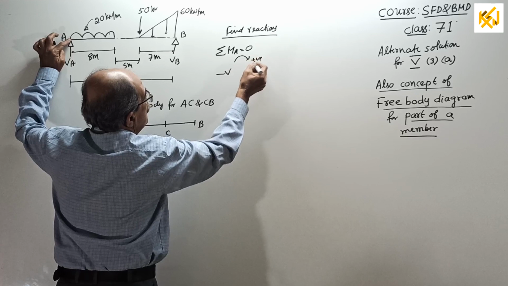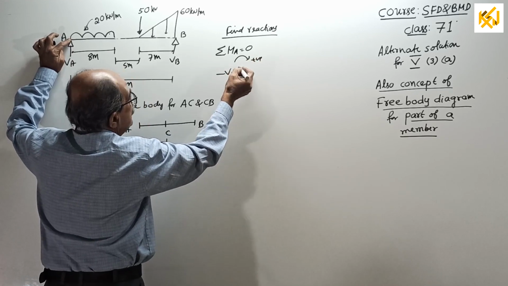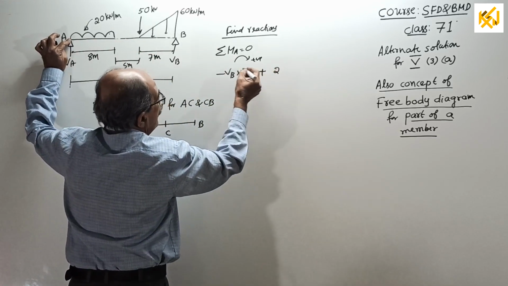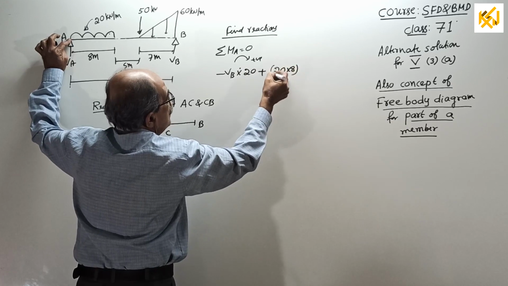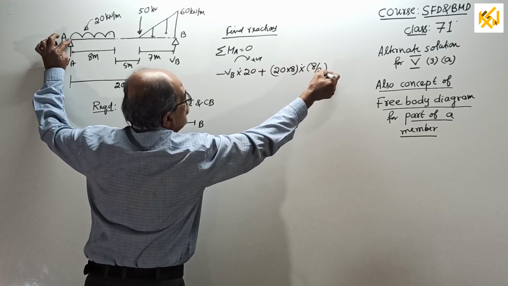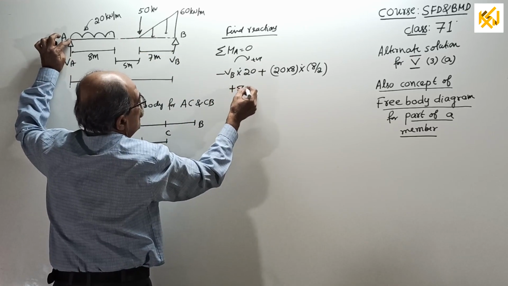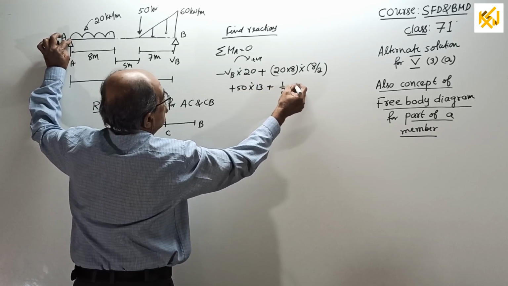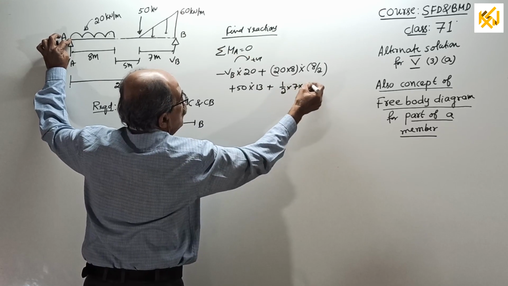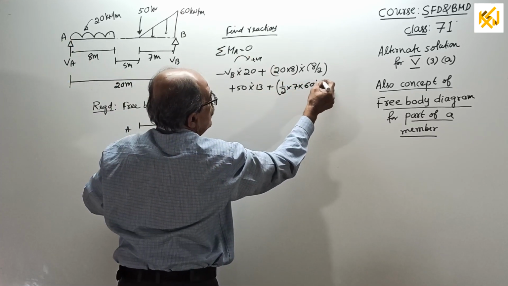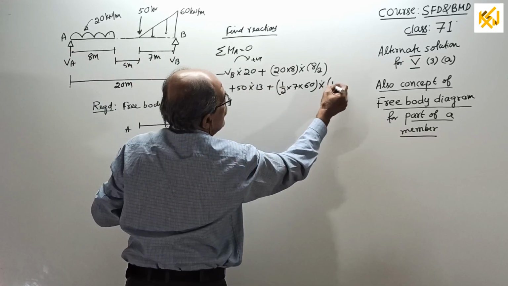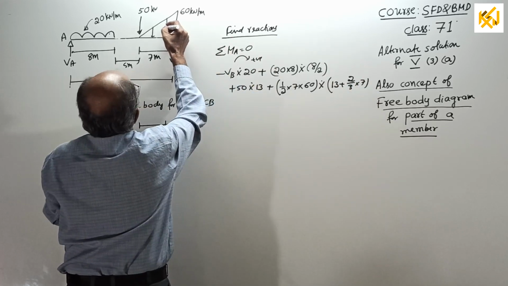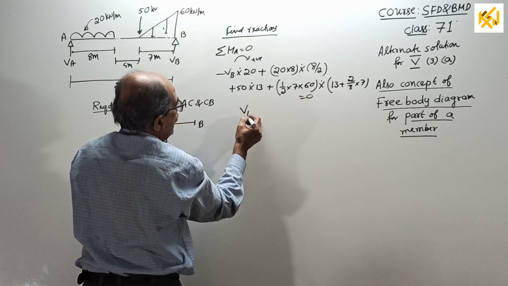You get minus VB into 20 plus the total UDL, 20 into 8, into 8 by 2, plus 50 into 8 plus 5, that is 13, plus half into 7 into 60, the total load, multiplied by 8 plus 5, 13, plus 2 by 3 of 7. The total load will act somewhere here, equal to 0. You get the value of VB.